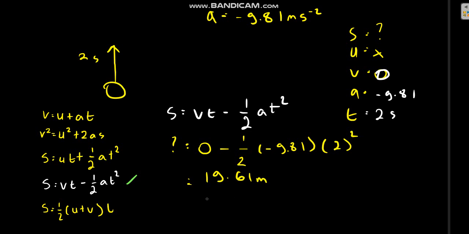Put this in your calculator, you should get approximately 19.61 meters. And you should round up to 2 significant figures, but even though this is 1, it's still rounding it up. In physics, you always have to round it up. In physics AS level, you have to round up to 2 significant figures, while in other subjects like math and mechanics, you have to round up to 3 or 4, depending on the paper.